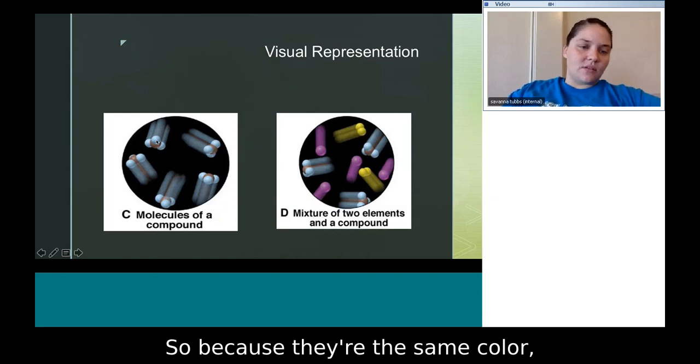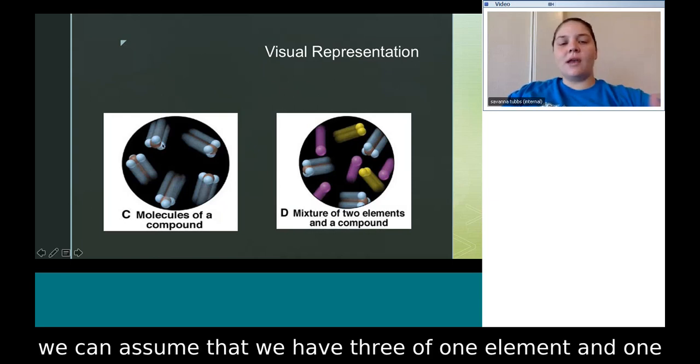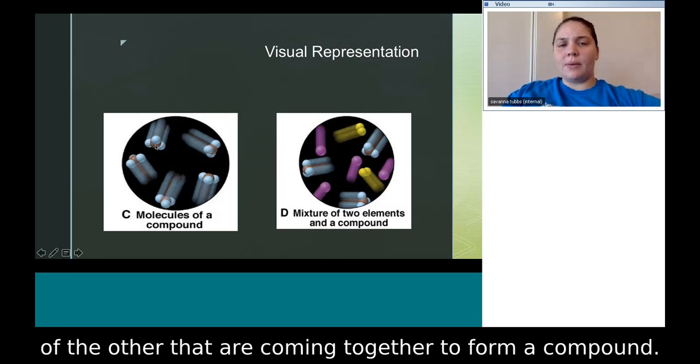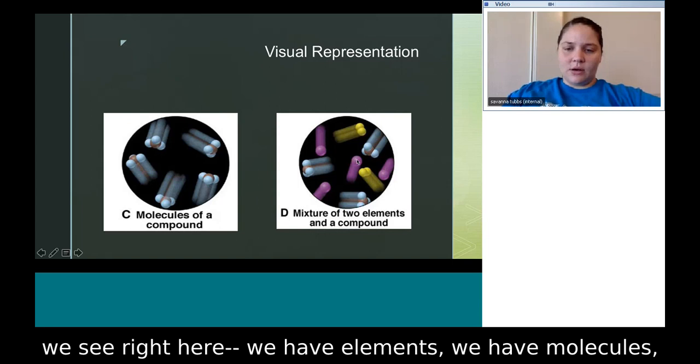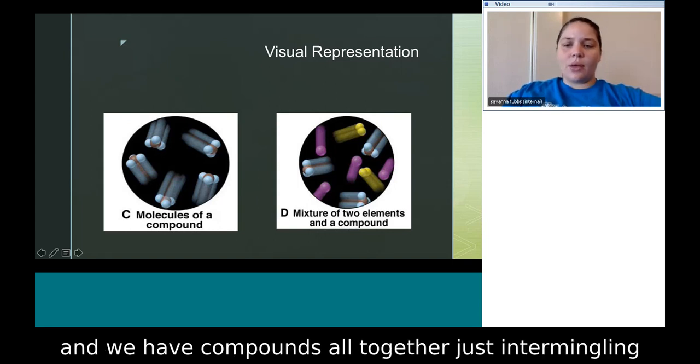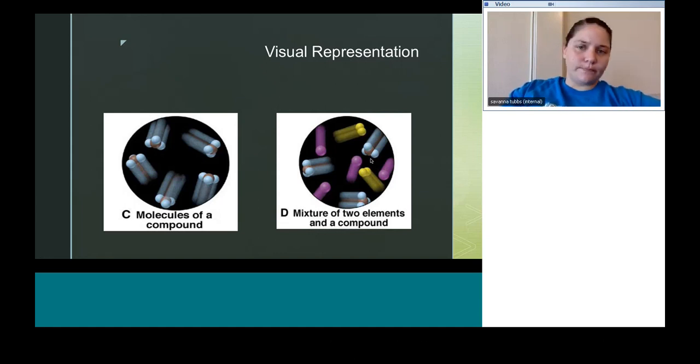Because they're the same color, we can assume that we have three of one element and one of the other coming together to form a compound. For a mixture, we see right here we have elements, molecules, and compounds all together, just intermingling with each other.